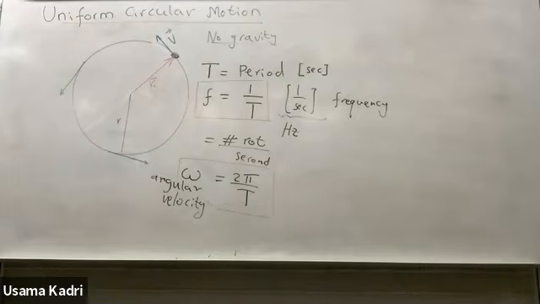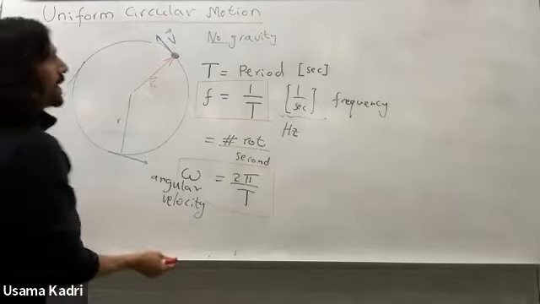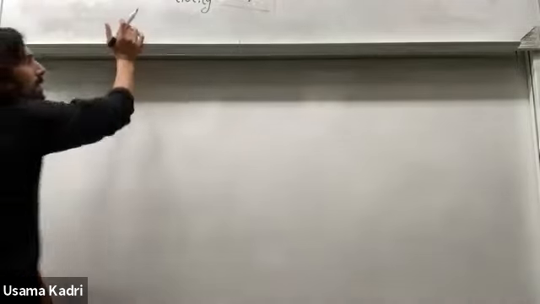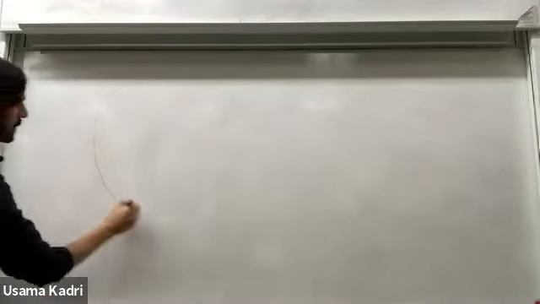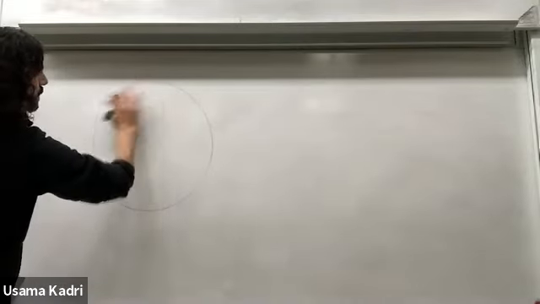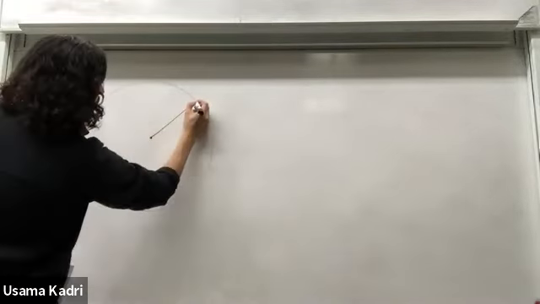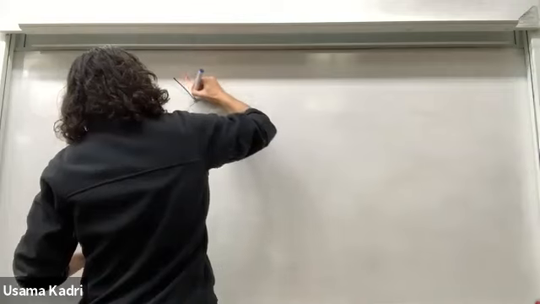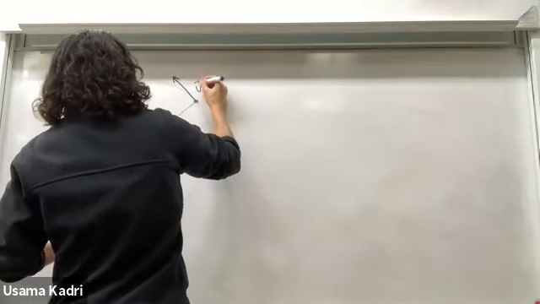Okay, let's get into the analysis. We have this circular motion. The velocity vector here, v, which is a function of time.